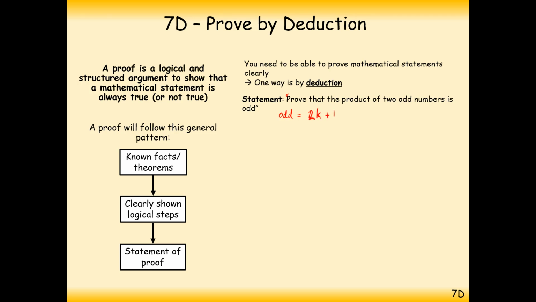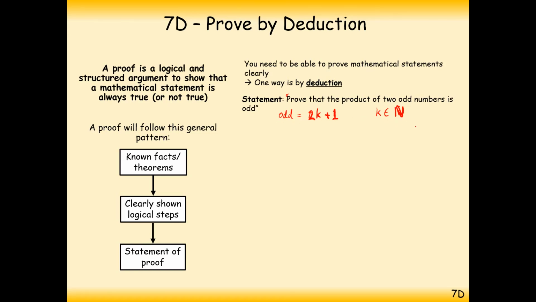It can be any letter of your choice. k is a natural number, and natural number means it's counting: 1, 2, 3, 4, and so on. You can use m, n, any letter you like, it doesn't matter. What's important is that we're saying it's a multiple of 2 and then we're adding 1 to make it odd.